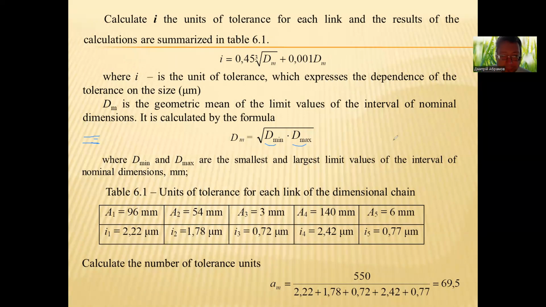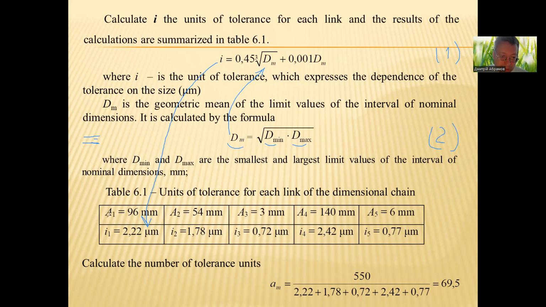When we use formula 2, we can calculate d suffix m, the geometric mean of the limit values of the interval of nominal dimensions. Then using this value and formula 1, we can calculate I, and we write it down in our table 6.1.